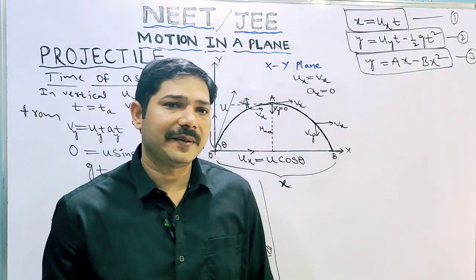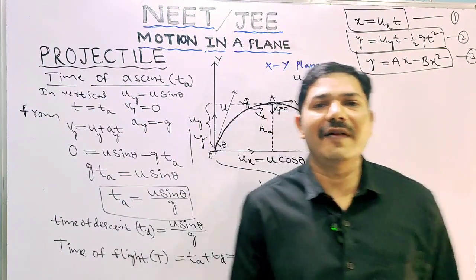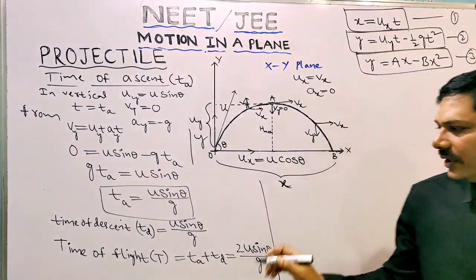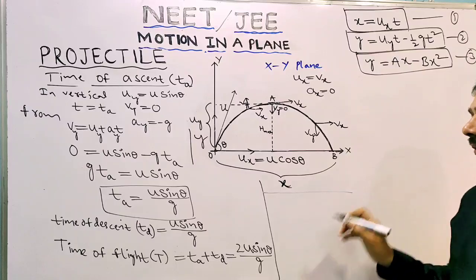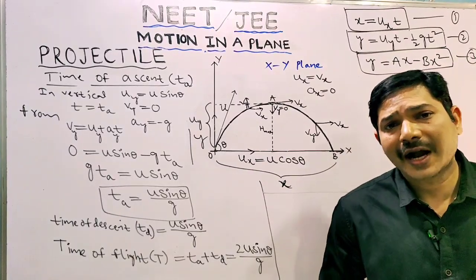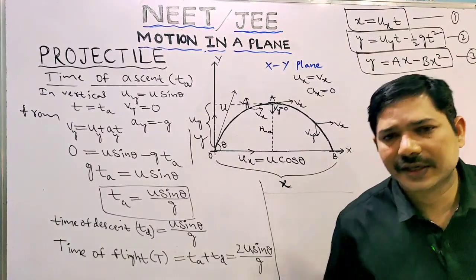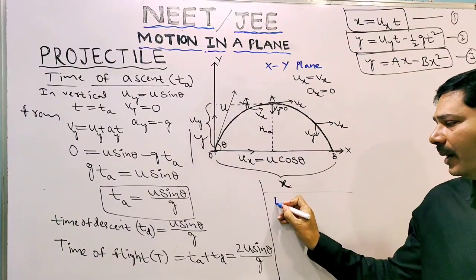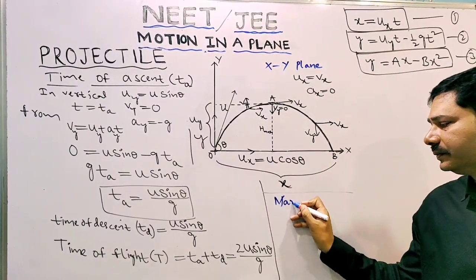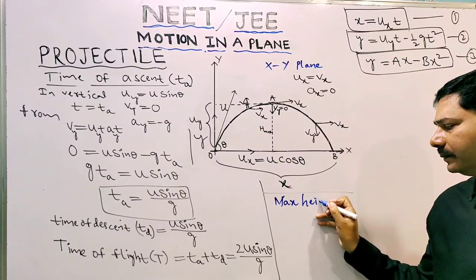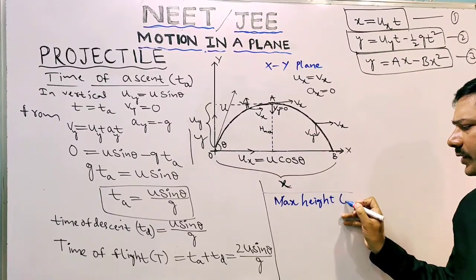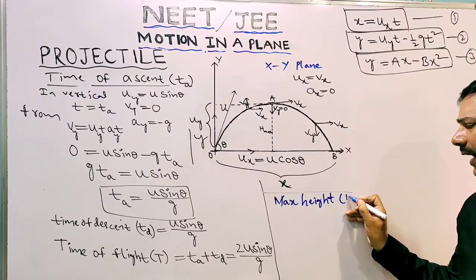Maximum height means the vertical final velocity becomes 0. So we'll derive the maximum height, which is denoted by the symbol h max.